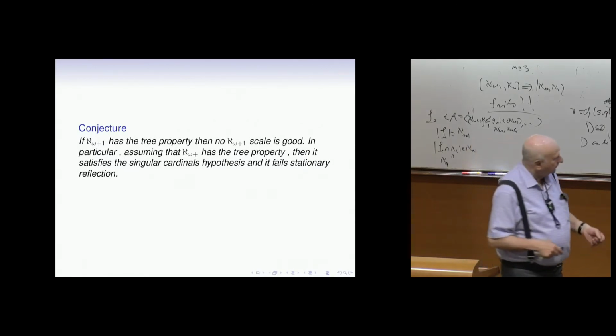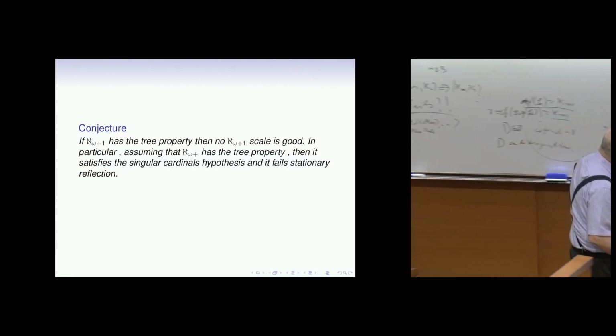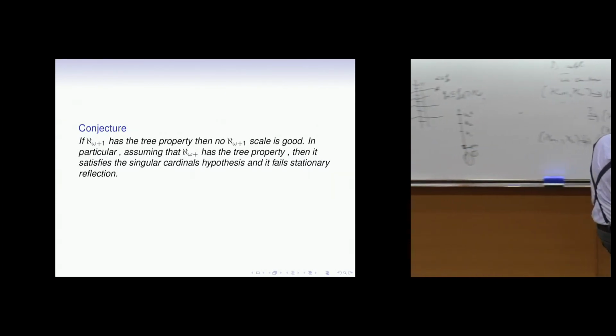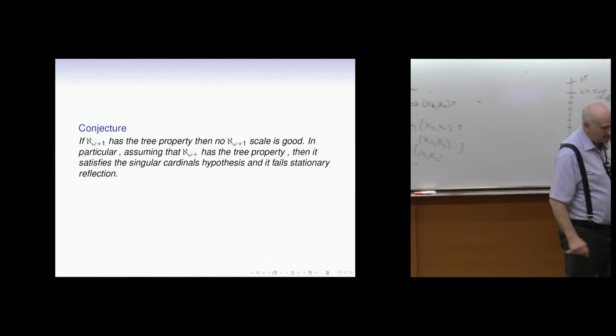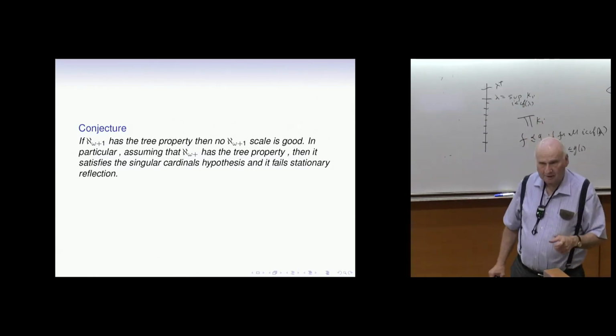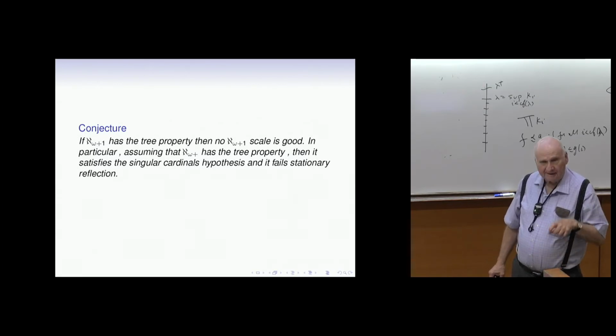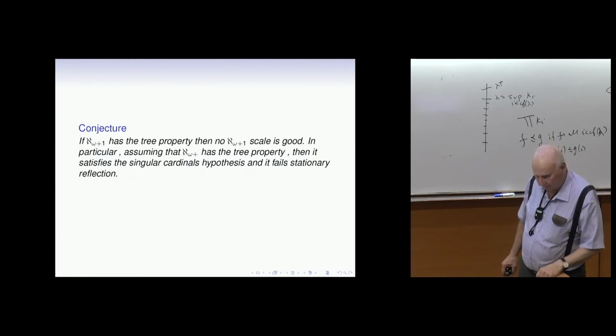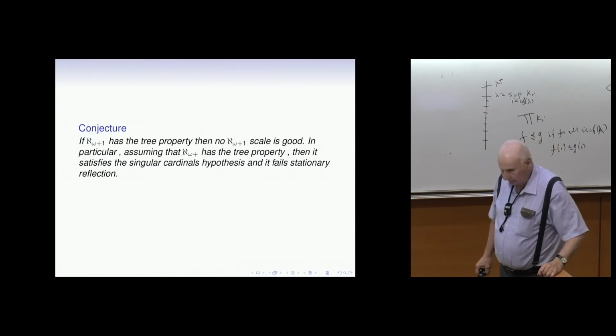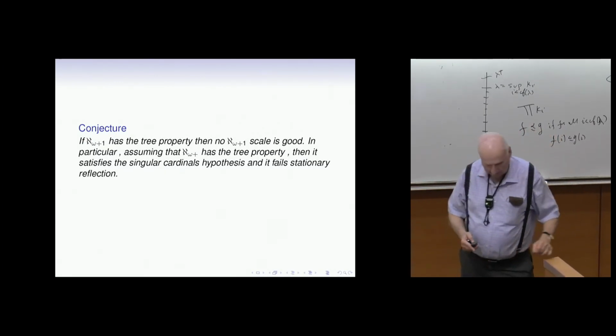I suspect not. Again, somehow, maybe because you are too hooked on the existing proofs of the tree property at Aleph Omega plus 1, in some sense it seems like the bad scale is inherent in the construction of the model.